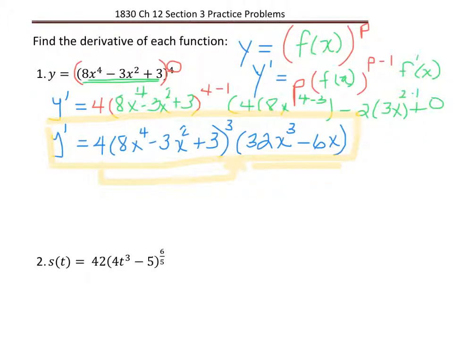But again, that's not really necessary. It actually just makes more work. And if we were going to substitute in a value for x, it actually would be simpler to substitute into this expression here rather than one that's multiplied out.